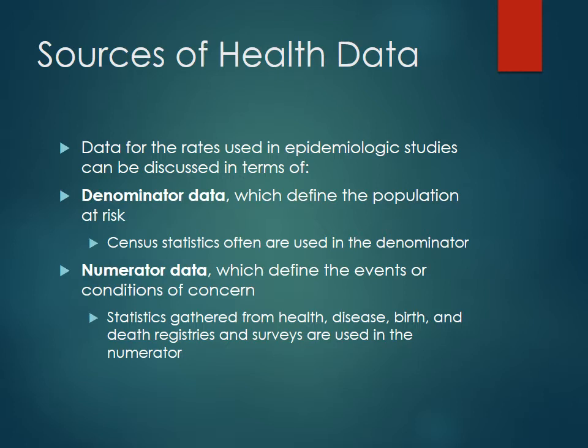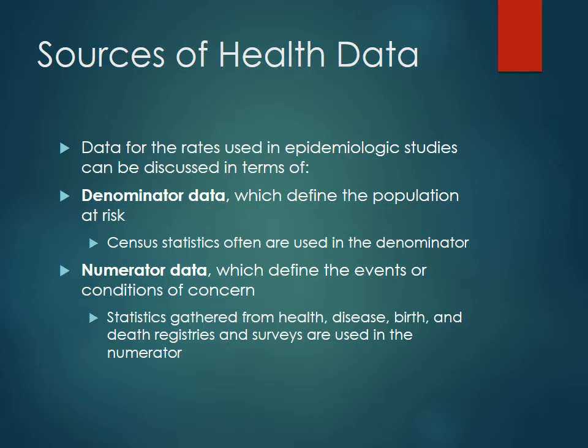So if you're looking at the number of car accidents that occur in the U.S., that denominator is typically your whole U.S. population. However, if I was looking at something like maternal health and infant mortality rates, what do you think my denominator would be in that case? Pregnant females, perhaps, right? Because the whole U.S. population would include a whole lot of men, a whole lot of people that could not get pregnant. So again, that would be skewing your data. So consider who your population is that you're looking at specifically, if that makes sense.